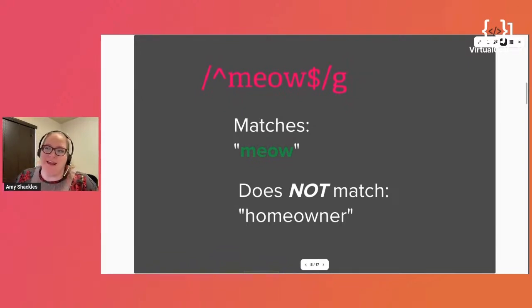So this ensures that you are only matching meow. This will work globally. This is a poor example, I just realized, because unless you have meow as the only word in a line, it's not going to be super helpful. But it does solve for no longer matching homeowner.